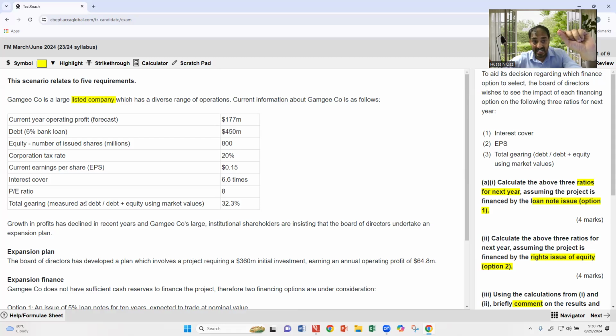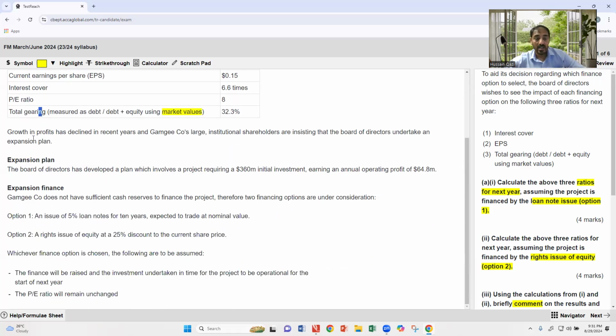Total gearing, measured as debt over debt plus equity using market values, is 32.3%. So EPS, interest cover and gearing are all given here for the current year. Growth in profit has declined in recent years.